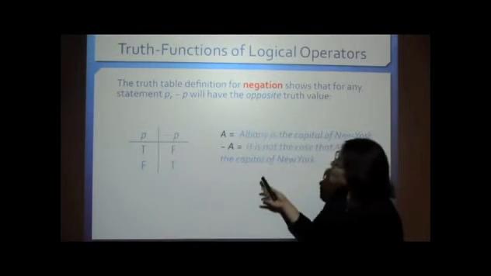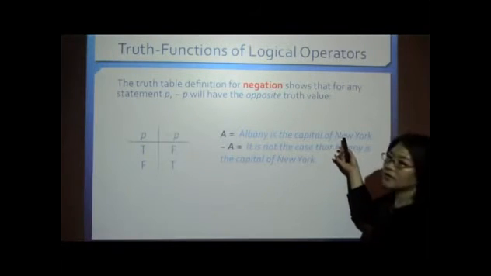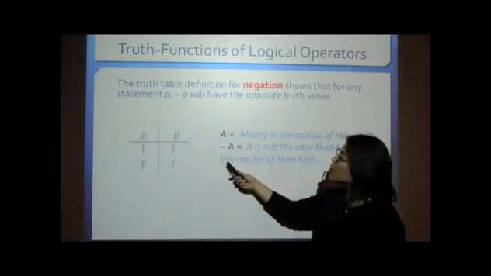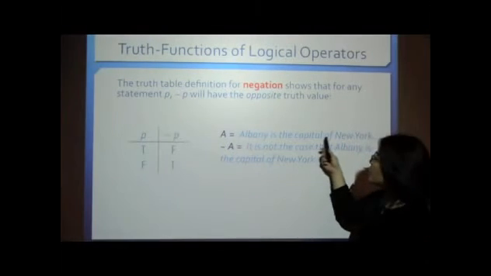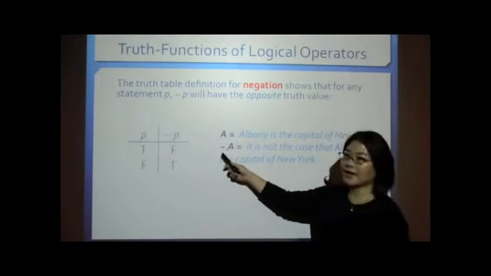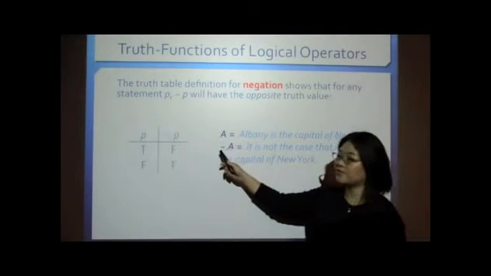So here we have an example of a simple statement: Albany is the capital of New York, and we're going to represent this with the propositional variable A. If "Albany is the capital of New York" is true, then not A, "it is not the case that Albany is the capital of New York," will be false.